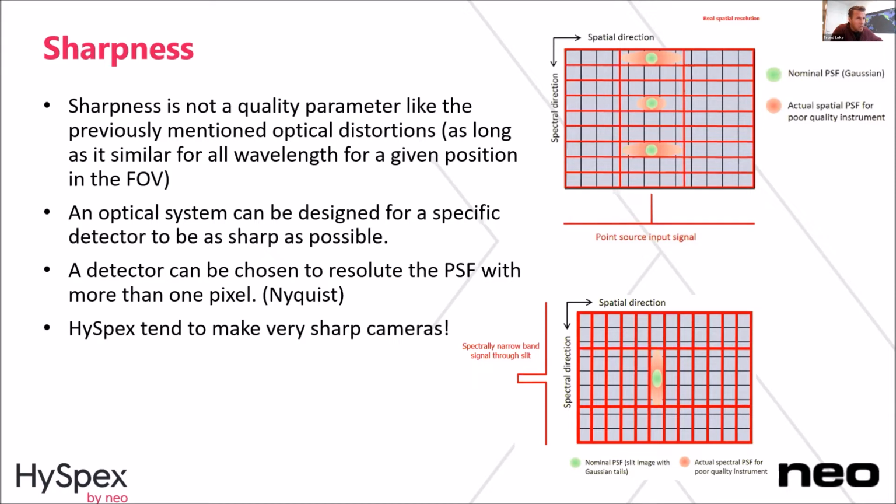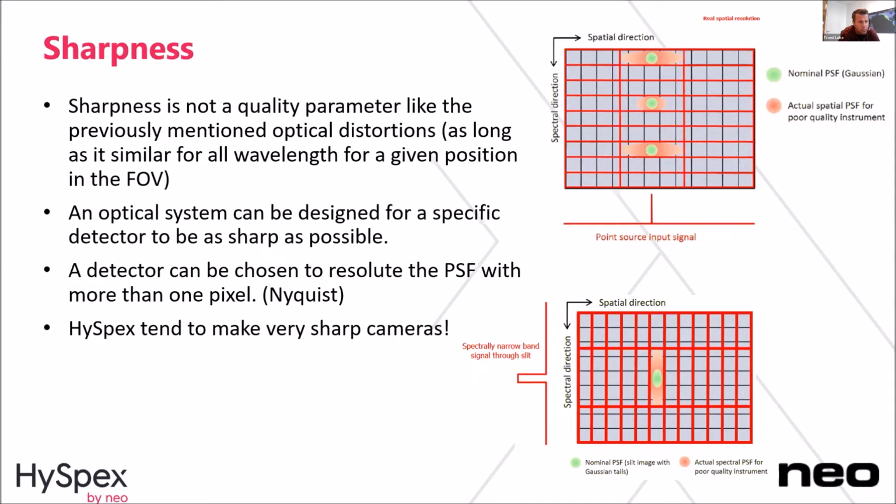You can always blur afterwards as well. But some suppliers always have worse than Nyquist cameras. So a Nyquist camera we define as where the PSF is larger than 2 spatial pixels or spectral bands.